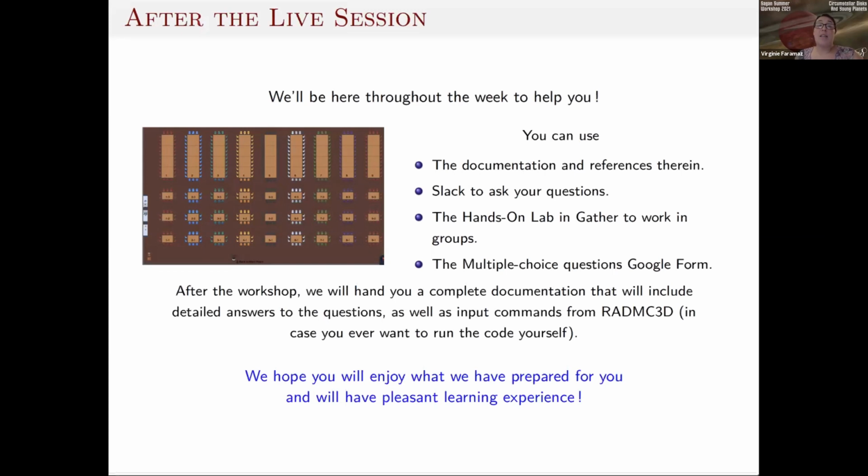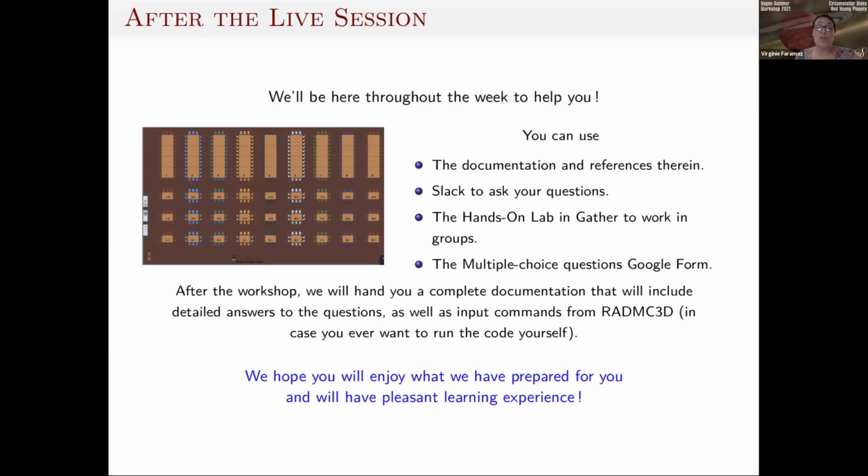At the end of the workshop, we will hand you complete documentation. Right now, the PDF you have stops with the question boxes for each object, but we will provide you with all the detailed answers to the questions.